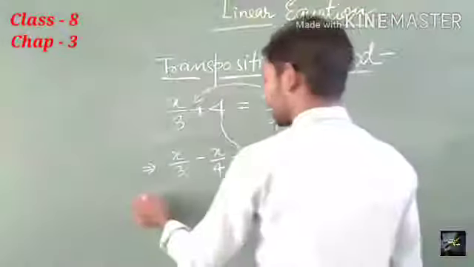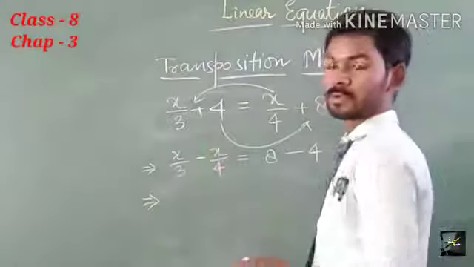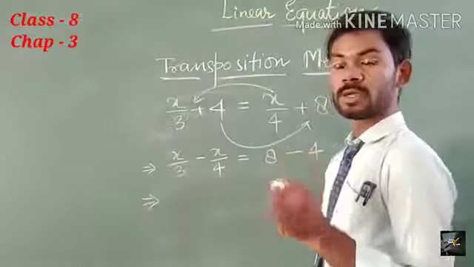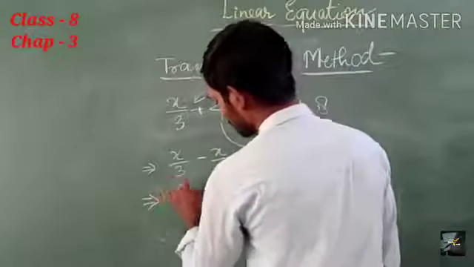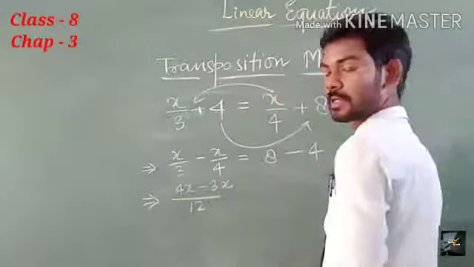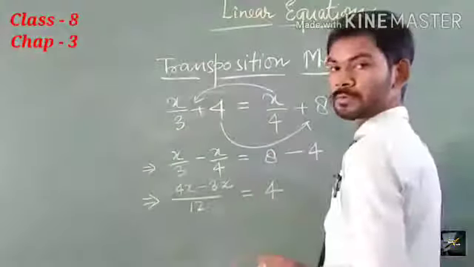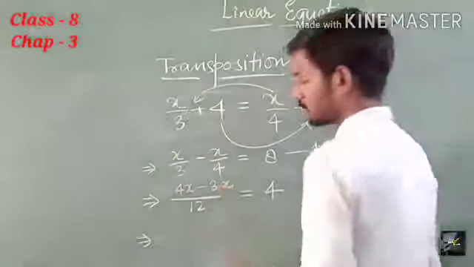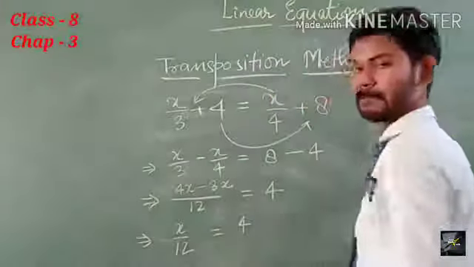In the next step, we can see that x upon 3 minus x upon 4 is two fractions that are to be subtracted. So we subtract here and we get 4x minus 3x upon 12, and here we get 8 minus 4 is equal to 4. Again we get 4x minus 3x, which is x upon 12, equal to 4.